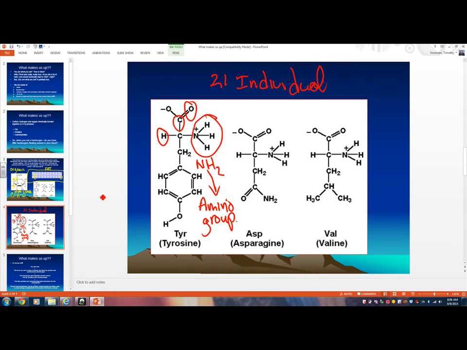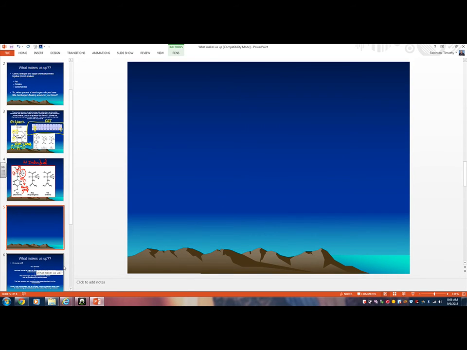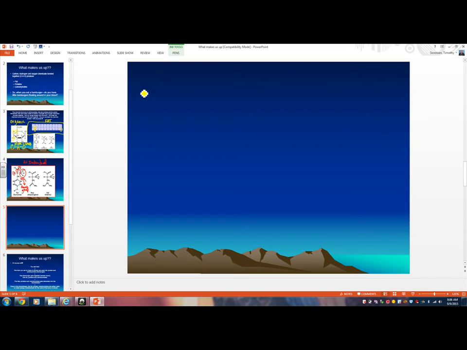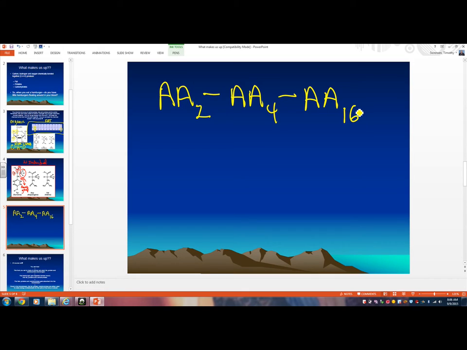And what amino acids do is, if you take individual amino acids inside a cell and you string them together, chemically bond them together, right? I'm making this up. You make a protein.